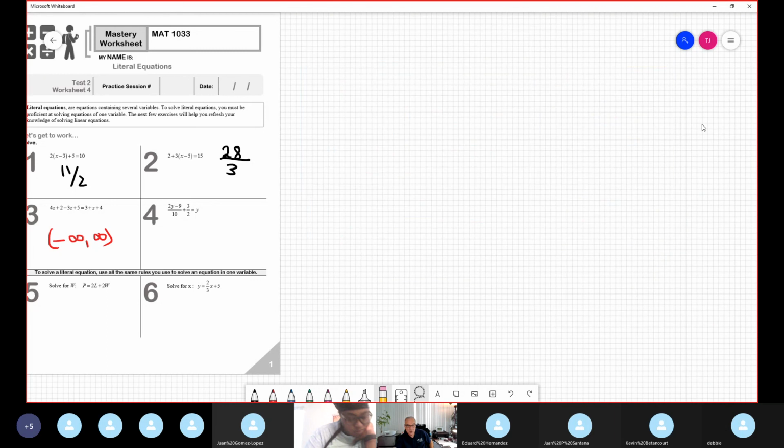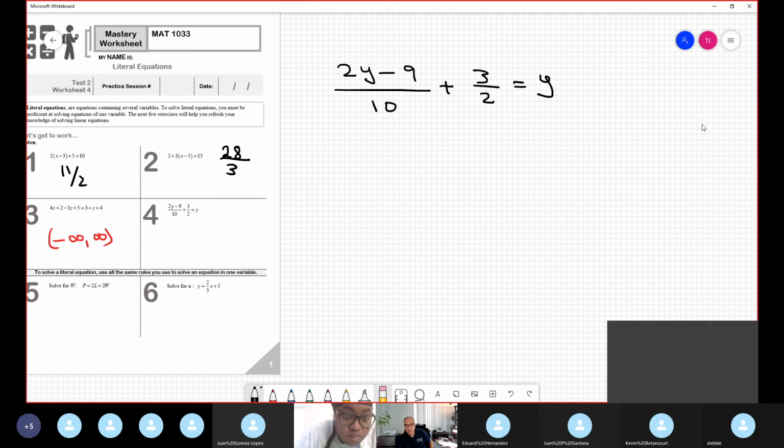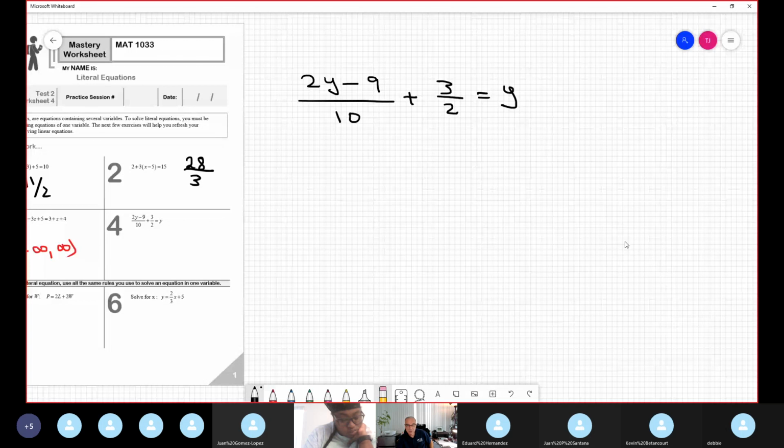Okay, let's move on to number 4. Number 4 is 2y minus 9 divided by 10 plus 3/2 equal y. As always, you remove the fraction. It's obvious that the least common denominator is 10.